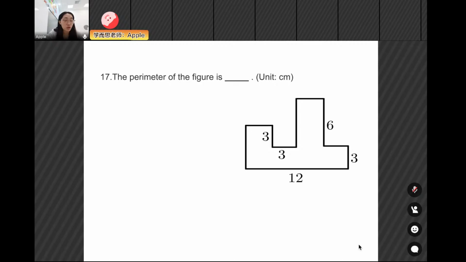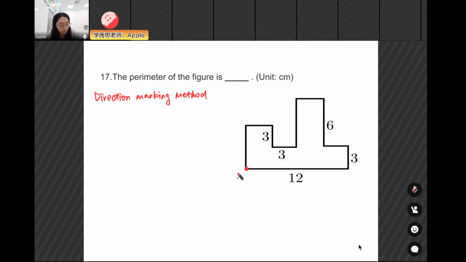I know that some students try with such method, and also here today I want to show another method with you. Okay, let's have a look. Here we call it the direction marking method. Okay, so first, we just find the starting point.